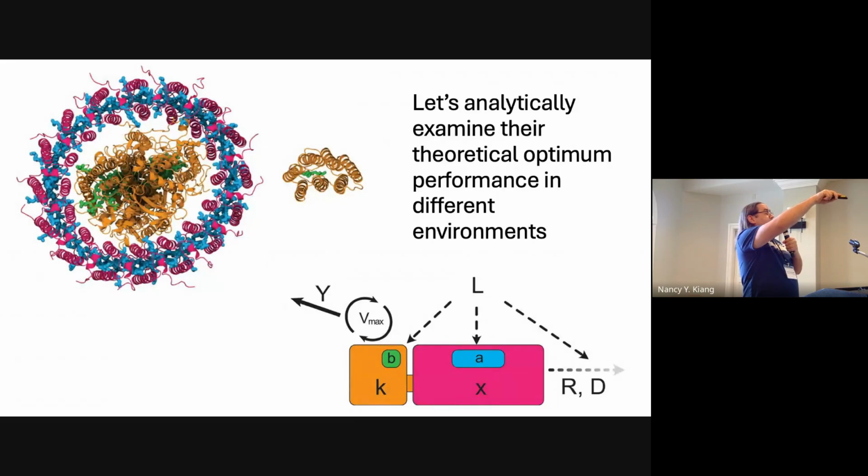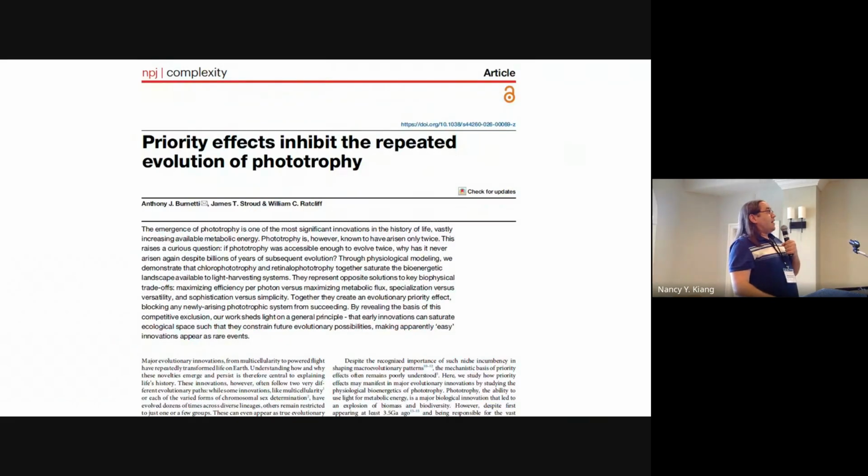And you couple it to a variable amount of an antenna that has an absorption per unit mass, which is recycled and photodegraded with constants. All these constants I get from enormous amounts of literature. And you apply different amounts of light to it. All of this is detailed in a paper that finally got published a few weeks ago.